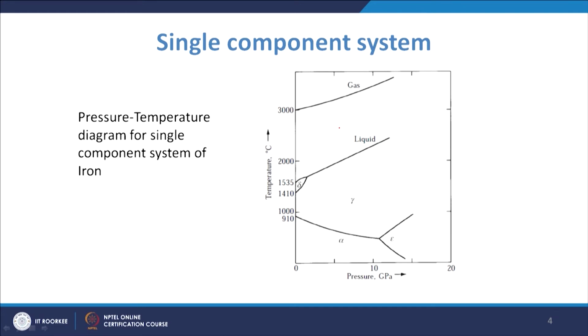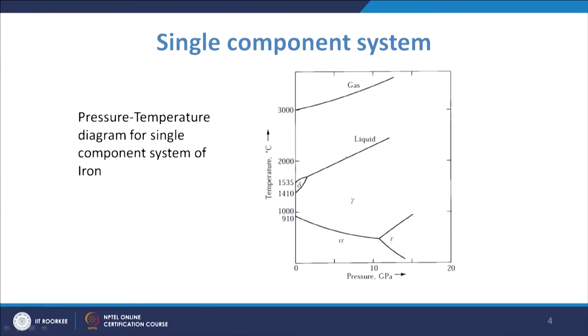It means your degree of freedom is 2, so you can independently vary either pressure or temperature as long as you are in that single phase region, whether this region or this region or this region or this region.